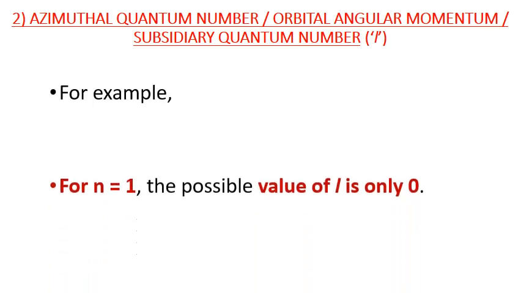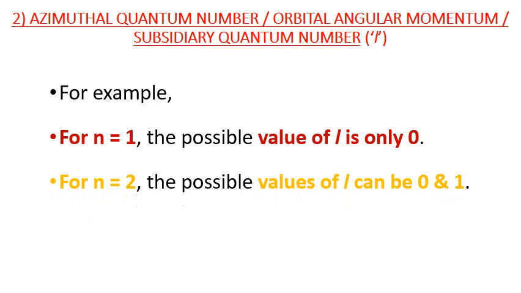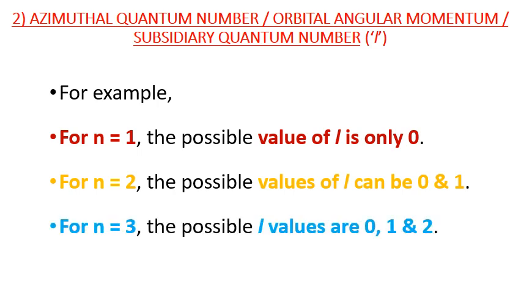For n equal to 1, the possible value of l is only 0. For n equal to 2, the possible values of l are 0 and 1. For n equal to 3, the possible l values are 0, 1 and 2.